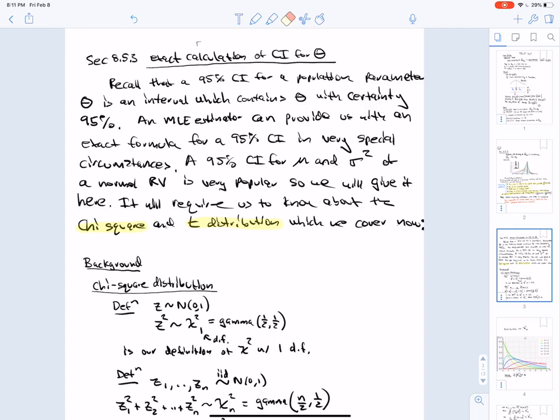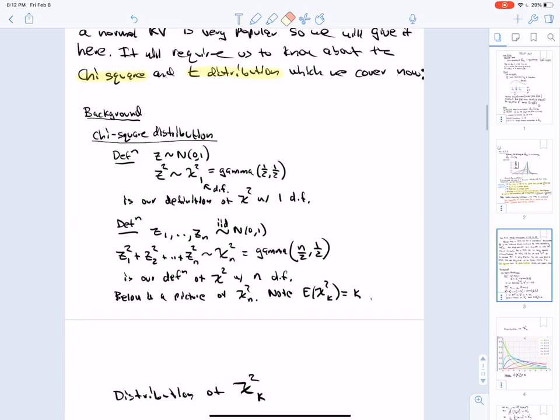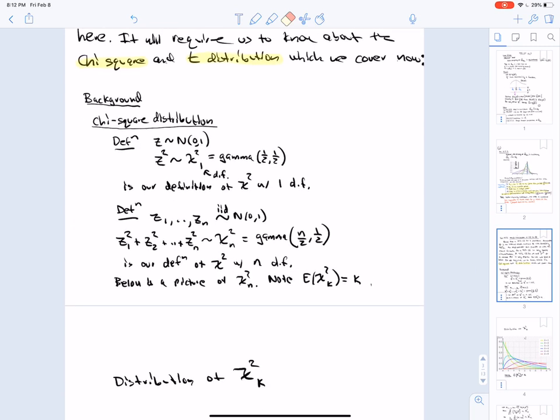It really is the exception. A 95% CI for the population mean and variance of a normal random variable is very popular, so we're going to give it here. It will be in terms of the t distribution and the chi-square distribution, so we're going to need a little bit of background about those important distributions.